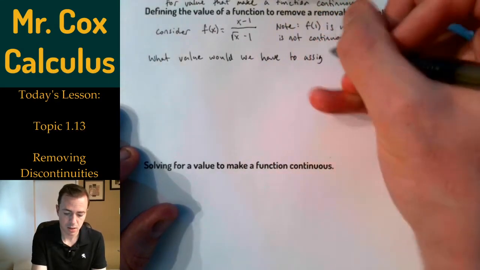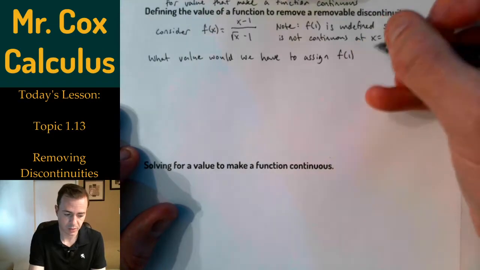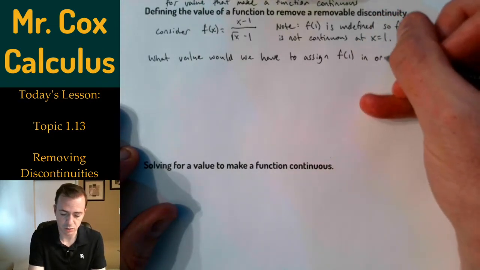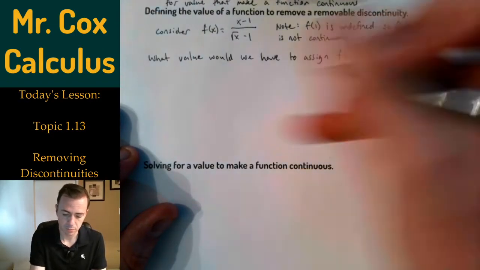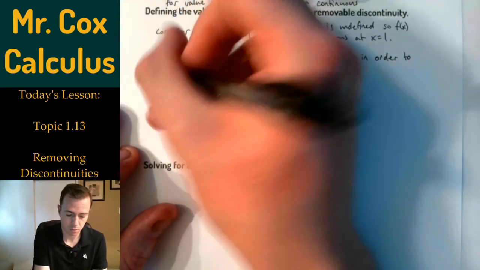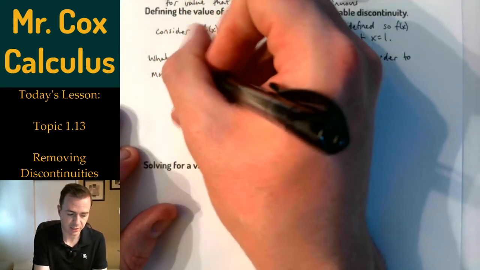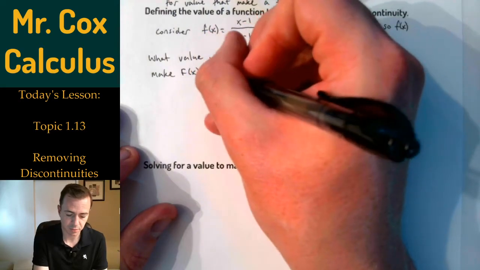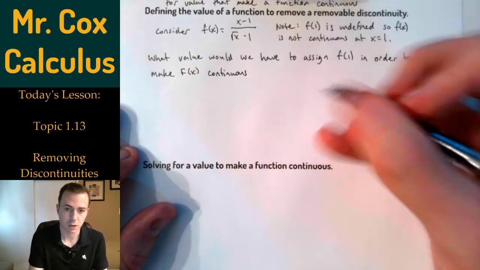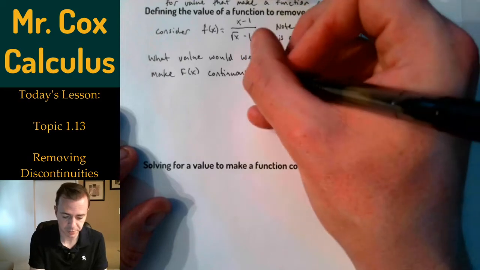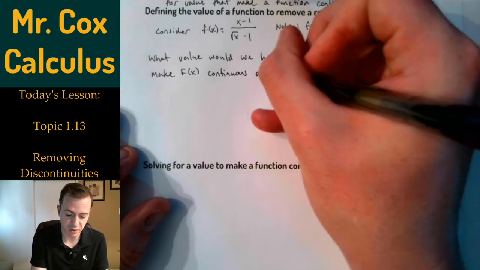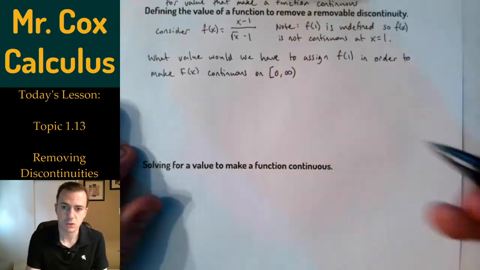assign f of 1 in order to make the function f of x continuous across the rest of its domain, which would be from 0 to infinity?